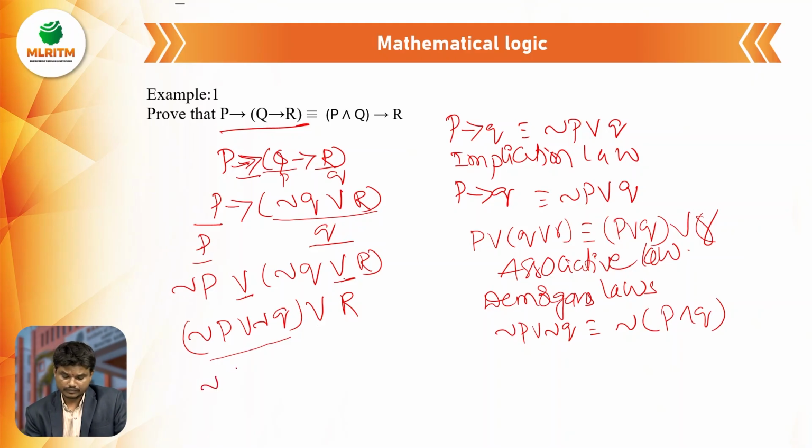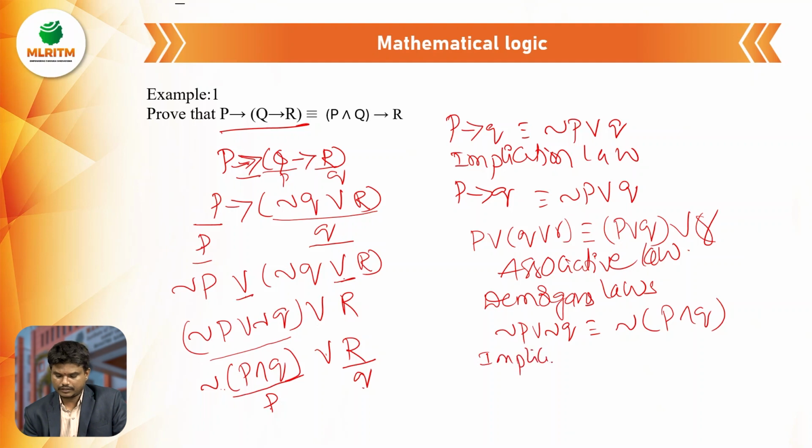Negation of (P and Q) or R. Here we consider negation of (P and Q) as P and R as Q. So negation P or Q is written as P implies Q. Apply the implication law: negation P or Q is equivalent to P implies Q. What is the P?